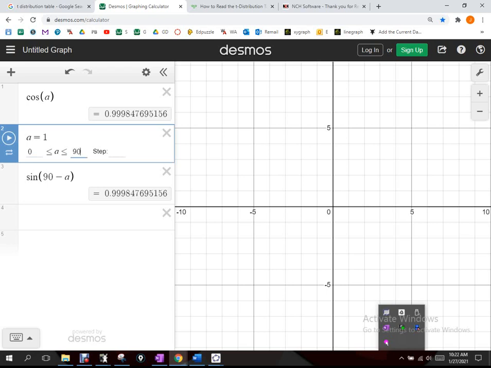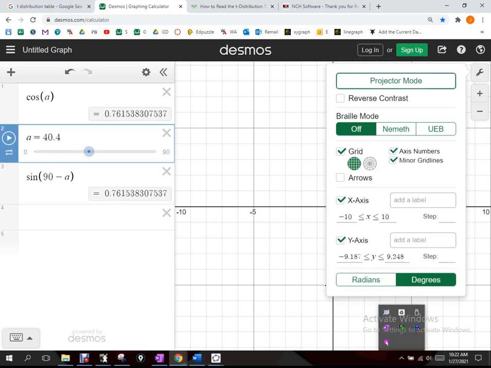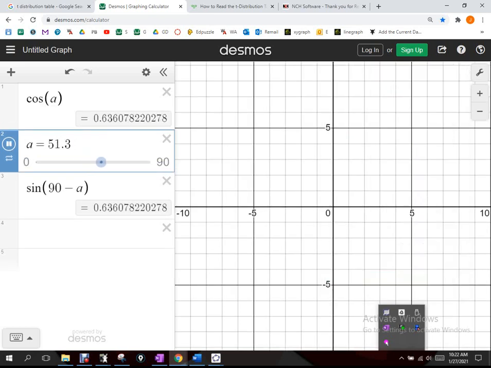Does that make sense? Anything outside that's going to make my triangle kind of dissolve or blow up. No matter where I stop this, are those two numbers always the same? So sine and cosine are complements of one another. Does that make sense? Okay.